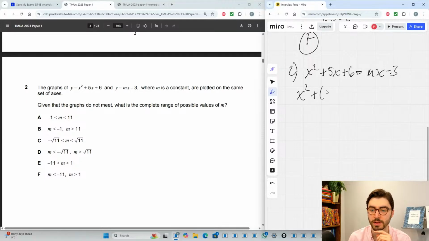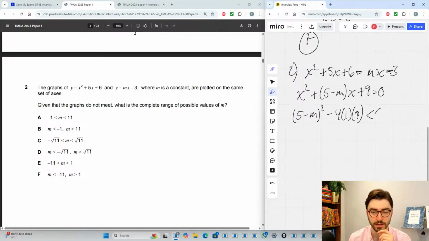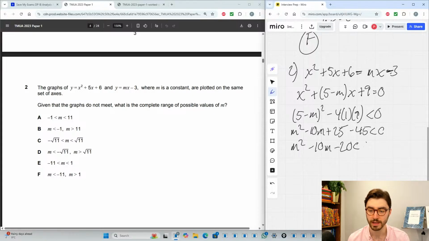So x squared plus 5 minus m lots of x, that was minus 3, so that becomes plus 9 equals 0. And there are no solutions, so the discriminant, b squared minus 4ac, must be less than 0 for no solutions. So m squared minus 10m plus 25 minus 45 must be less than 0. M squared minus 10m minus 20 is less than 0.